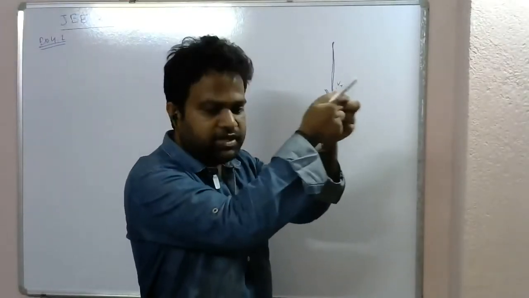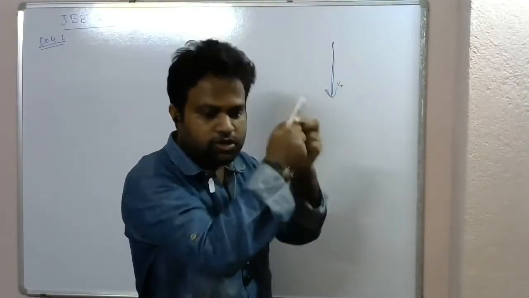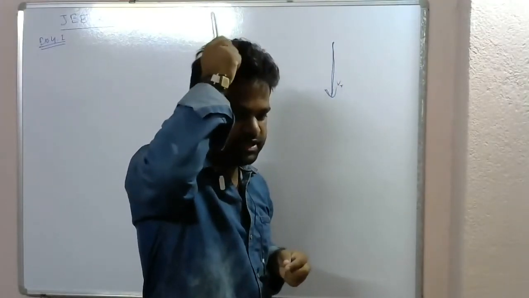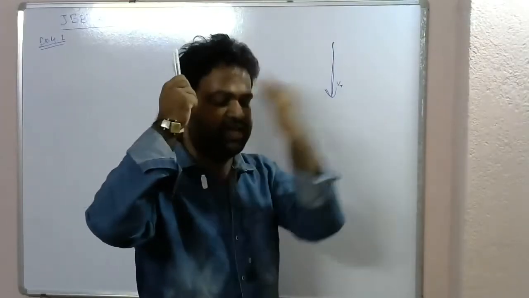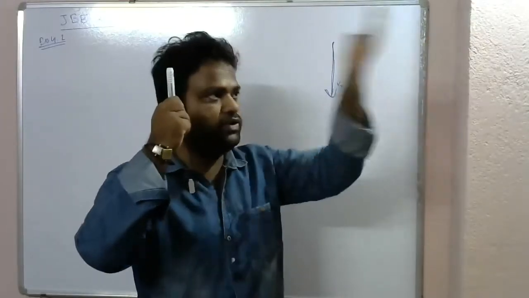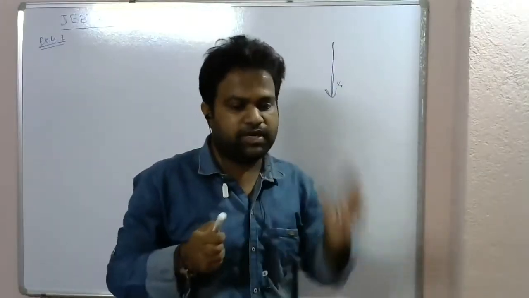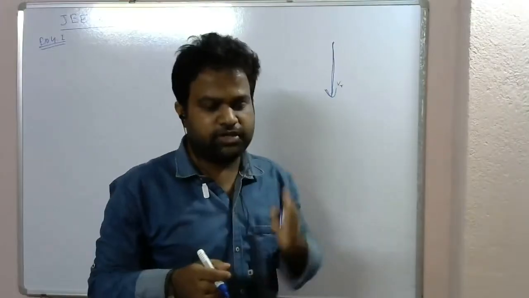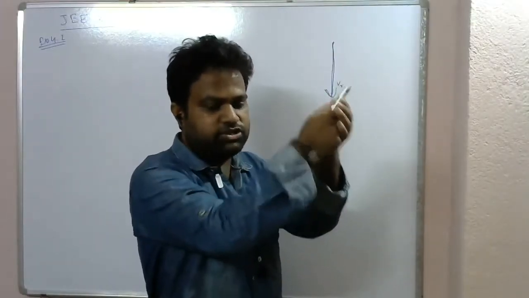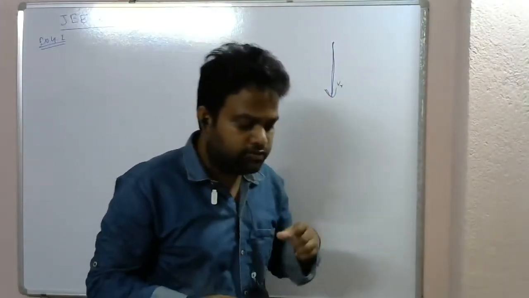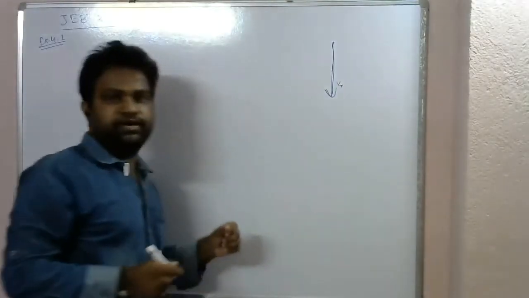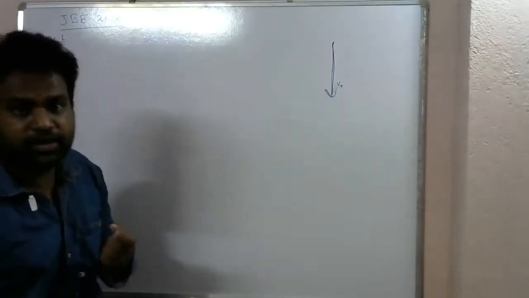If you hold the umbrella straight, the rain will strike on your face, because the wind is blowing and the direction of the rain has changed. It's not coming straight, so you have to change the direction of your umbrella too. So what will be the direction of your umbrella? That you have to calculate.